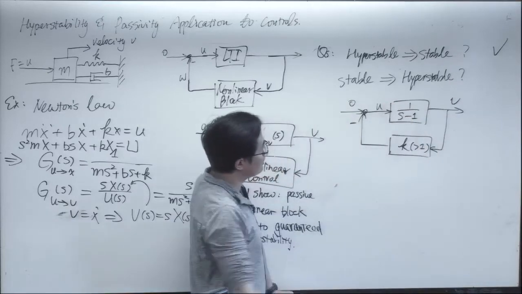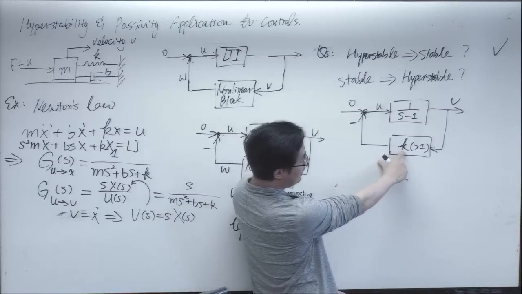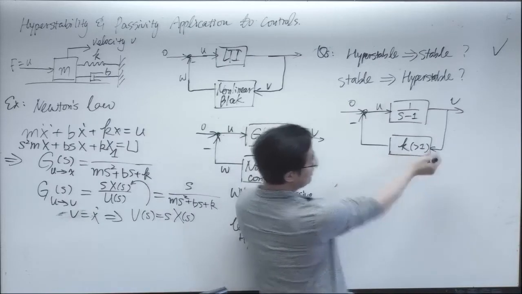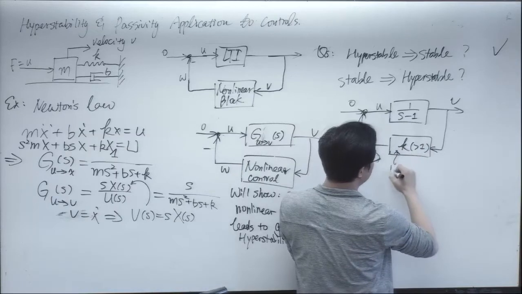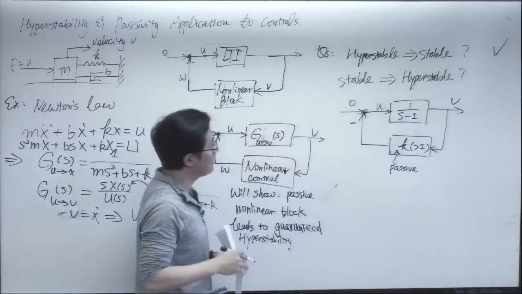This is a simplified example, but we already said, if it's a static gain that is positive, then this is passive. It satisfies the Popov inequality.